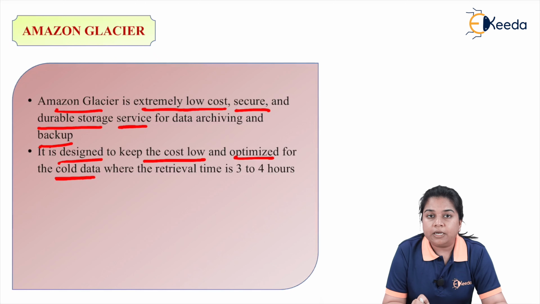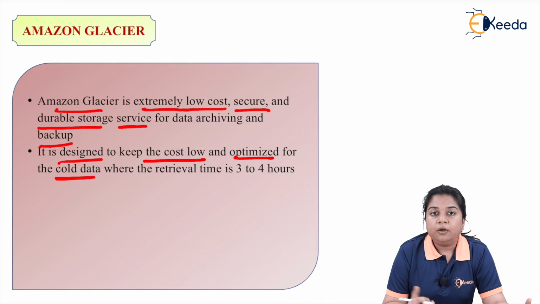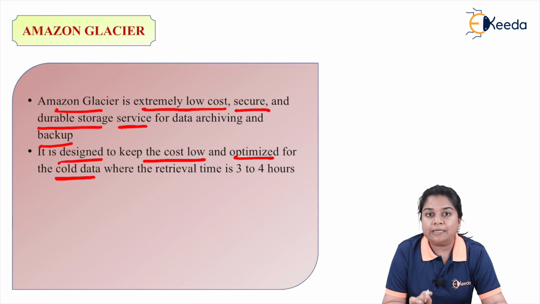Now, what is cold data? Data which you do not need immediately and which is important but not frequently used. So, you store that data into cold storage, and that data is known as cold data, which is in Amazon Glacier.